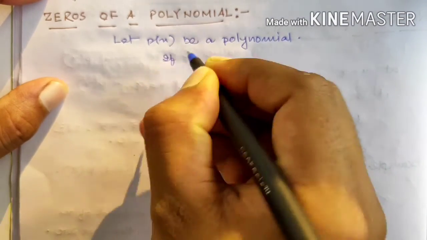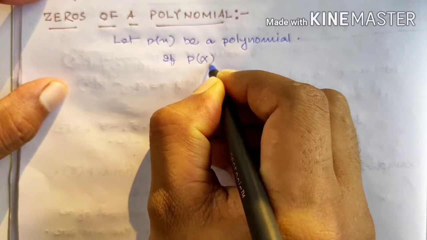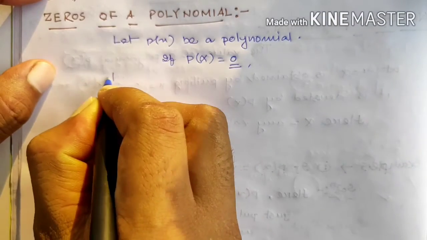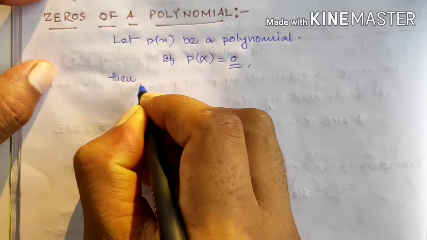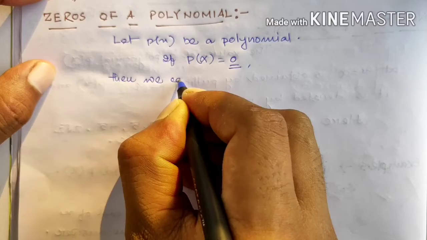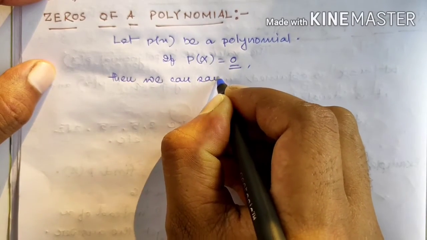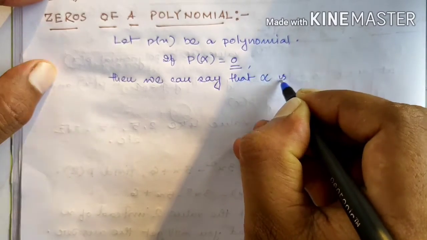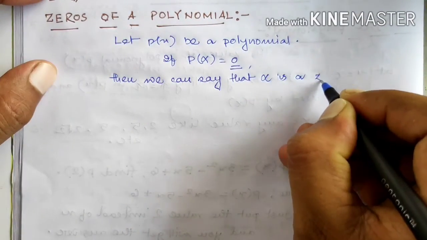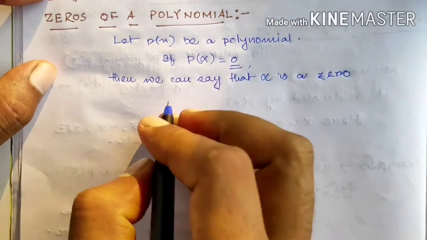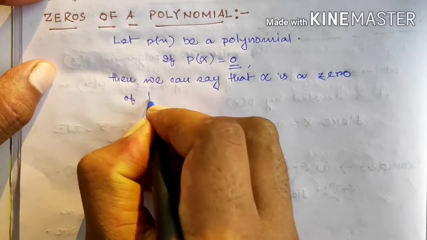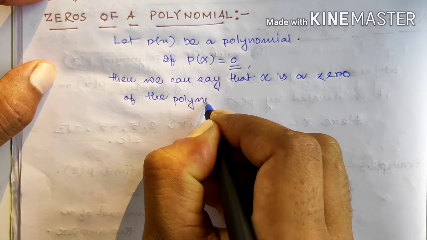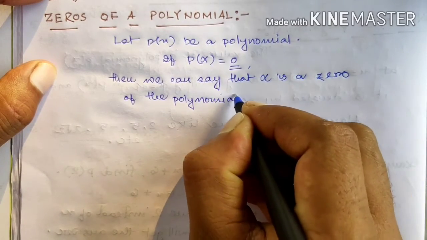If p of alpha equal to 0, then we can say that alpha is a 0 of the polynomial p of x. That means the value of alpha, main point, which gives the polynomial 0, that alpha is called the 0 of the polynomial.